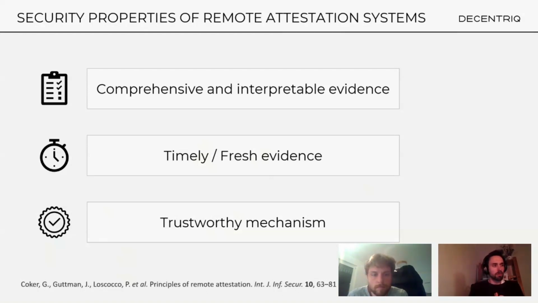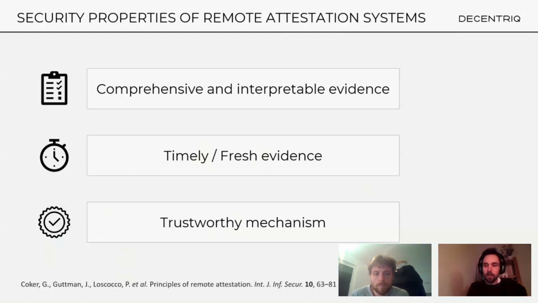So for example, in CC, the attestation that is measuring and reporting evidence is performed by the chip firmware. And we need to be able to assess whether the chip firmware is in a version that is vulnerable to some attacks, or whether we're running a trustworthy version of the attestation firmware.